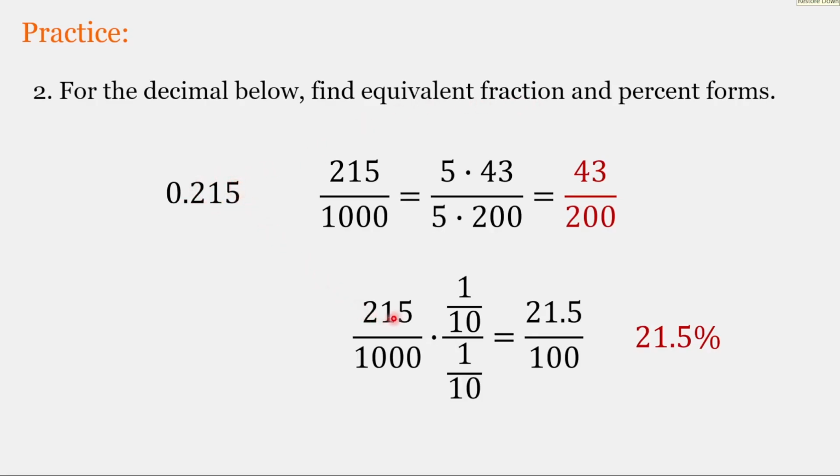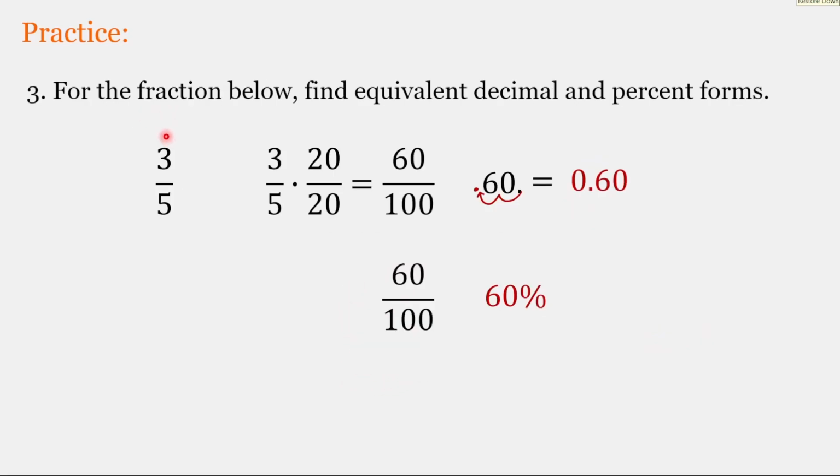And again, going back to our fraction, 215 over 1,000, to go to percent, we want to convert that denominator from 1,000 to 100, and we can do that by dividing by 10 or multiplying by 1/10, giving us the percent 21.5%. So to go from decimal to percent, we again went through that fraction form as an intermediate.